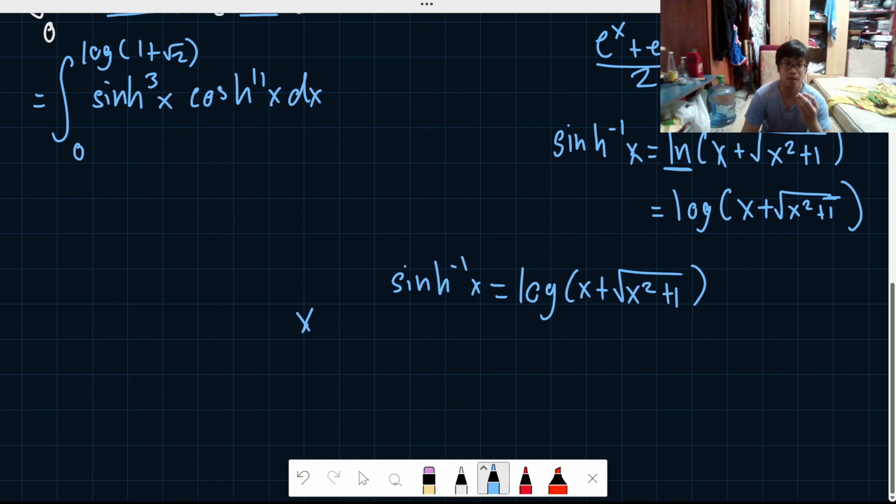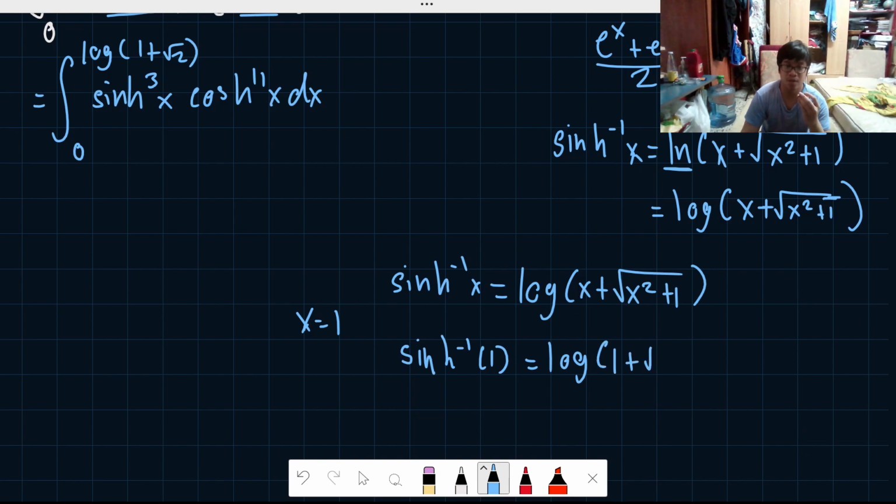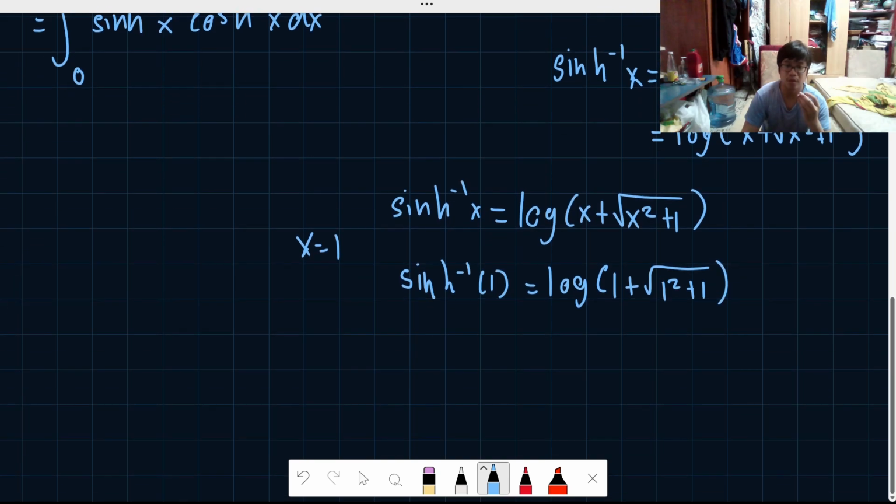Let's say our x is 1. On the left, we will have inverse hyperbolic sine of 1. And on the right, we will have log of 1 plus square root of 1 squared plus 1. So this is basically log of 1 plus square root of 2.